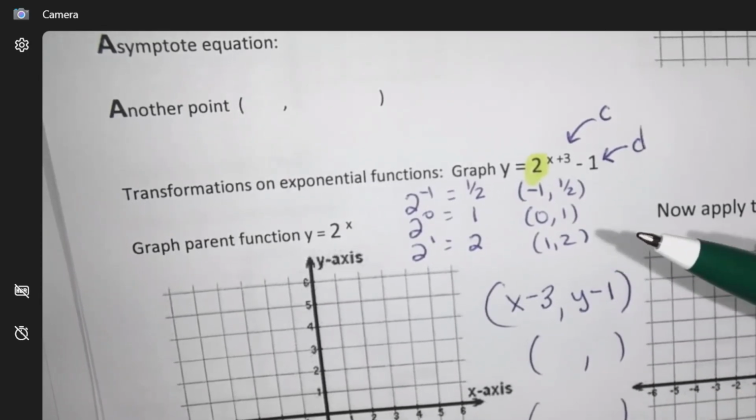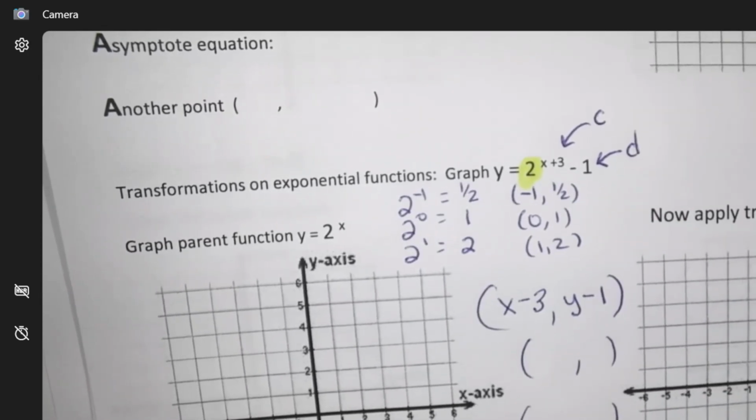Okay, so can you change all those coordinates?